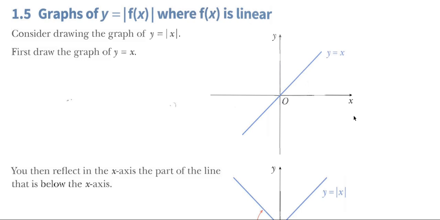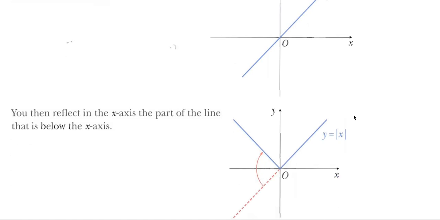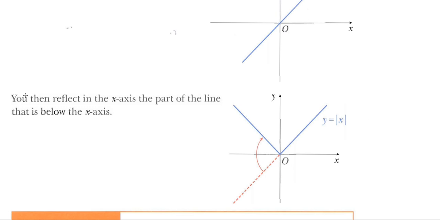This is the first step, and the next step is very important. The next step is, you then reflect in the x-axis the part of the line that is below the x-axis. This is very important.